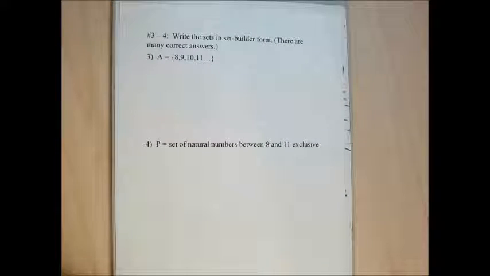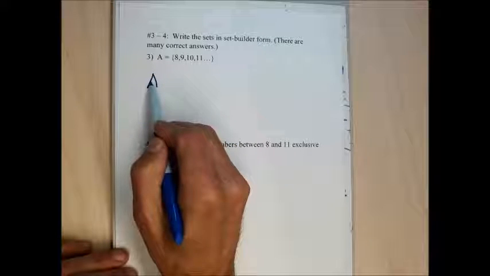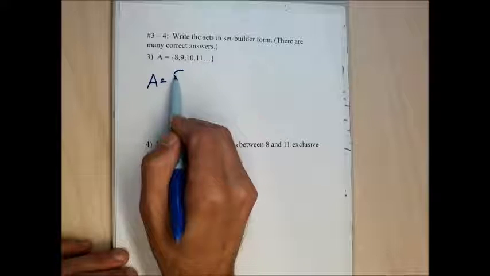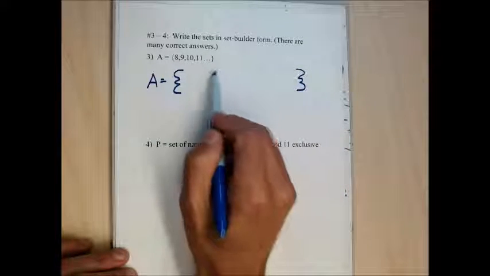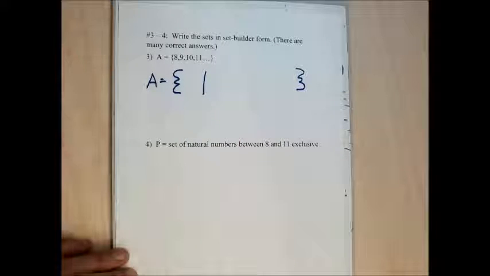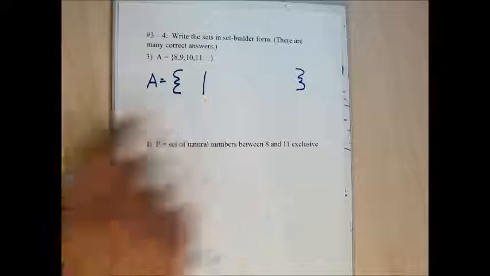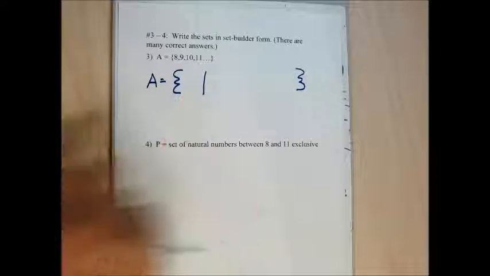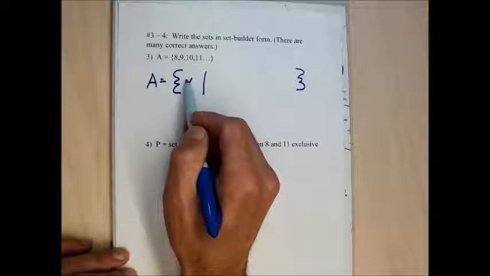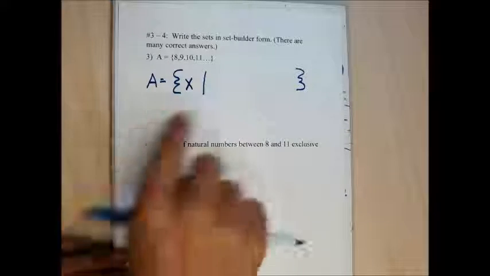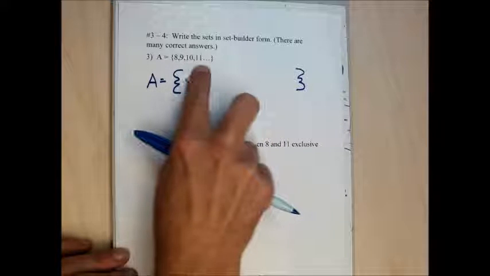3 and 4 want me to do set builder notation, and set builder notation is my least favorite. The set builder notation is going to start off with the set brackets, and inside the set brackets you have a vertical line. I read this as A equals the set of all something with the property that. Usually before this vertical line, unless I have a reason to use a different letter, I use the letter X. And then after the vertical line, I write symbols to describe the elements of the set.